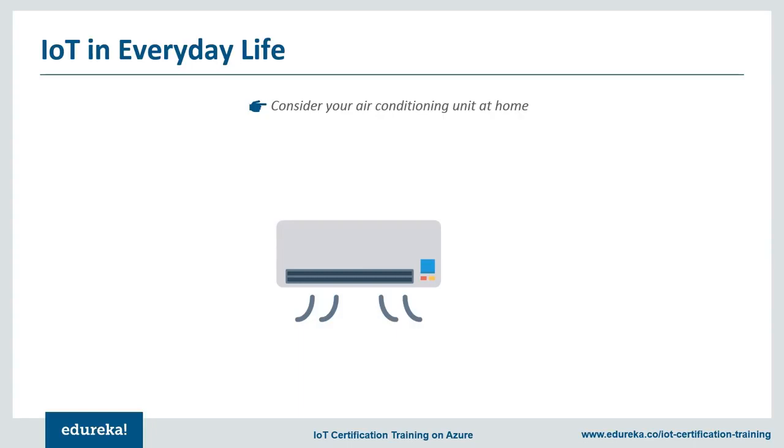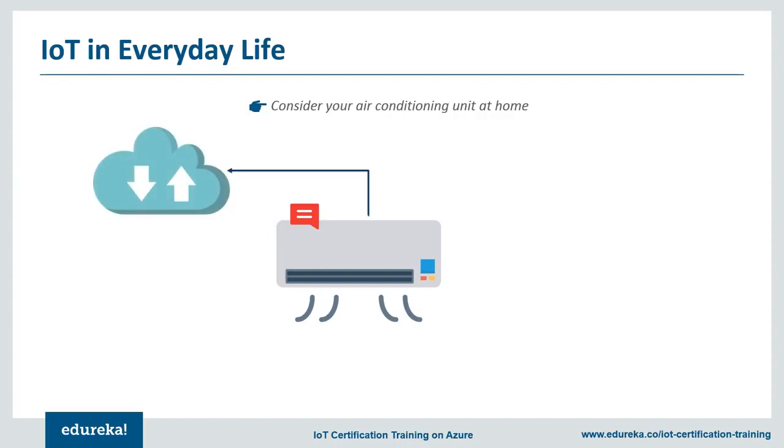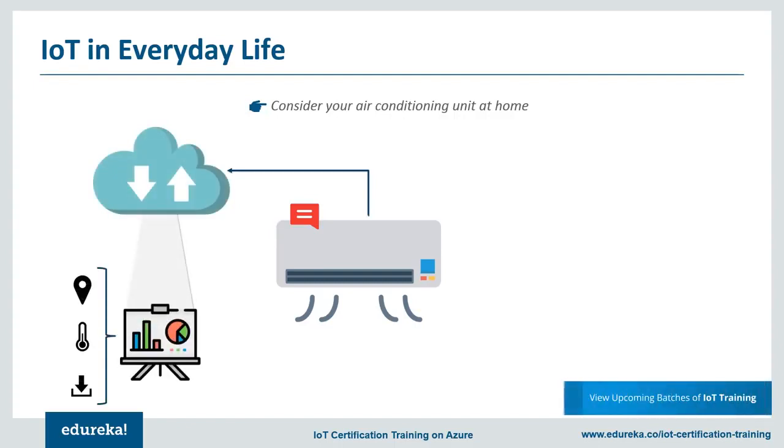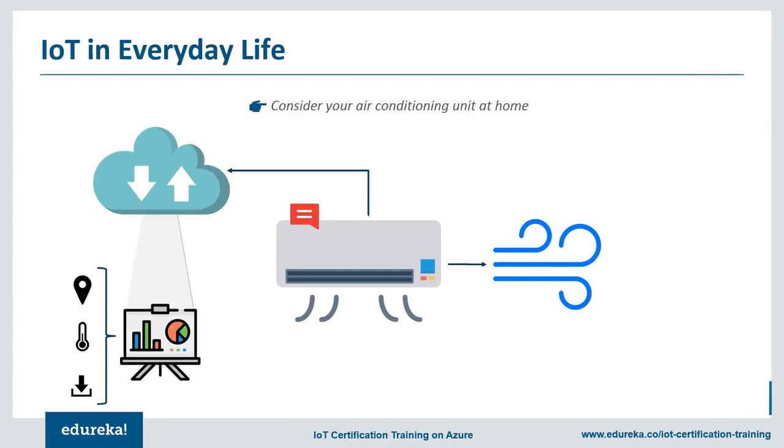But what if it could be better? What if when your car was 5 minutes away, your AC received a message? What if it was connected to a cloud which had a dashboard containing all the relevant information like the location of your car, the outside temperature, and the temperature at which you liked your room? Your AC could then turn on before you arrived and create an ambience that you like.